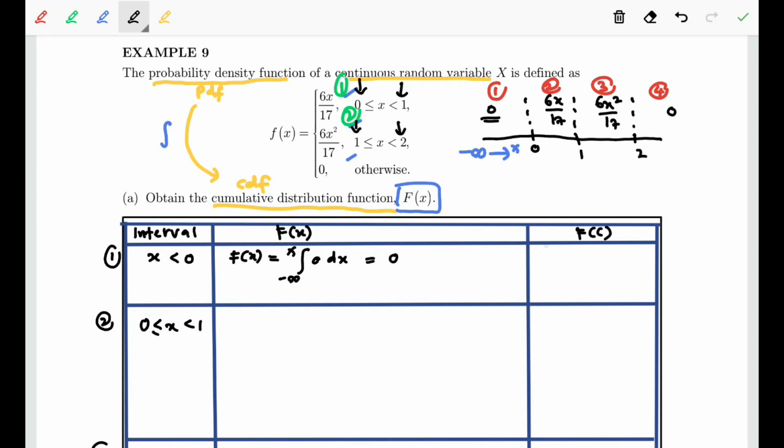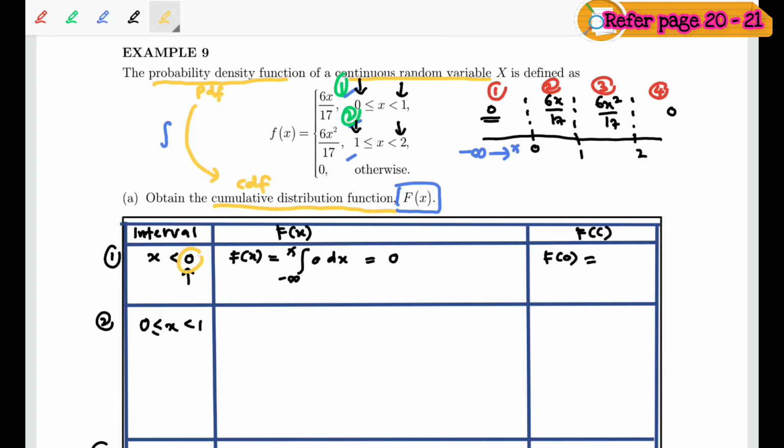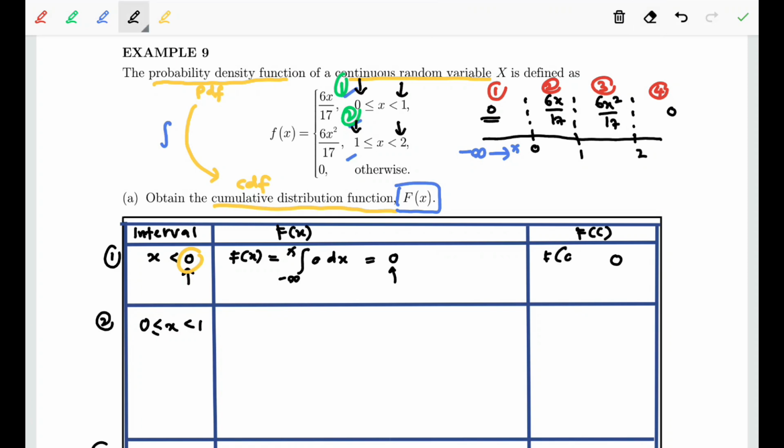F of c is actually the upper limit for that interval. Since this is x less than 0, the upper limit is 0, so we are going to find F of 0. 0 needs to be substituted into this function, so substituting 0 into the 0 function will give you 0, with F of 0 equal to 0.